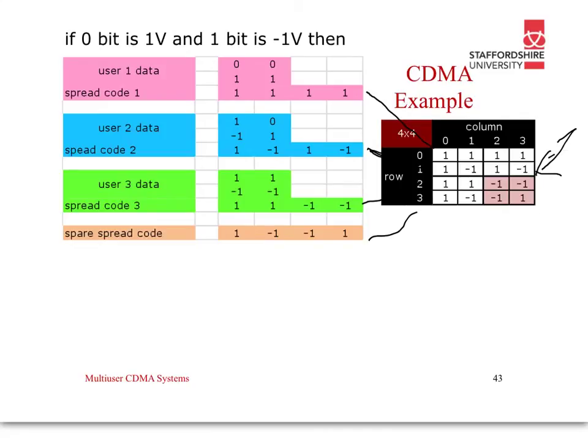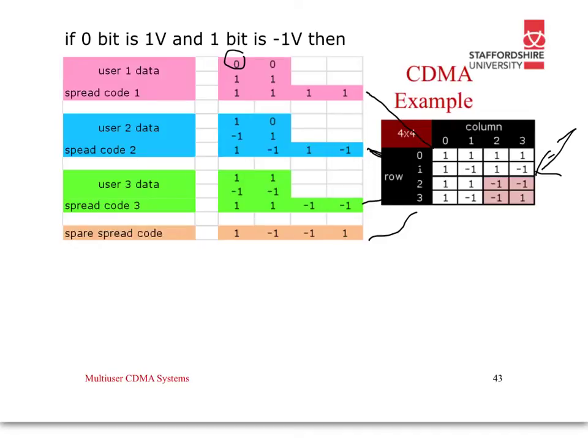So if my input data is 0, 0, we've said here that a 0 bit is represented by 1 volt. So here the first bit is 1 volt, the second bit of user data is 0, and again that is represented by 1 volt. Here's our spread code.